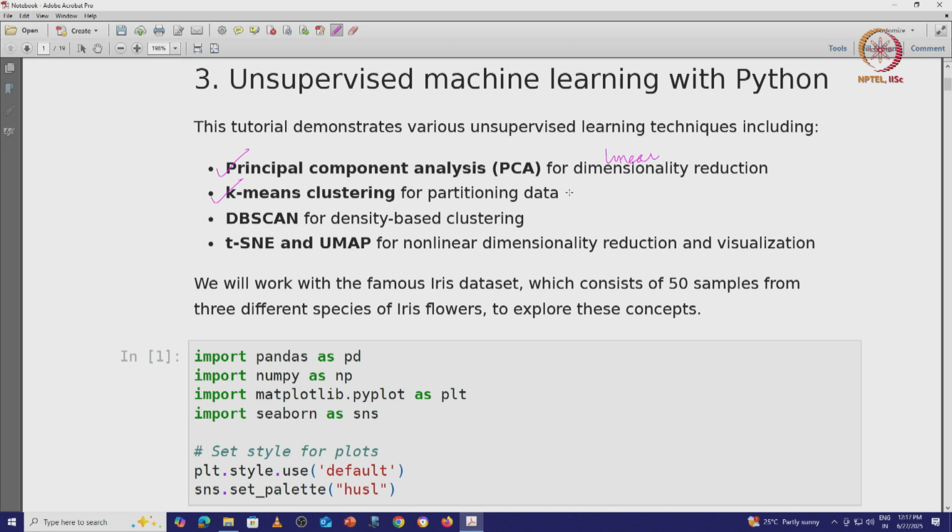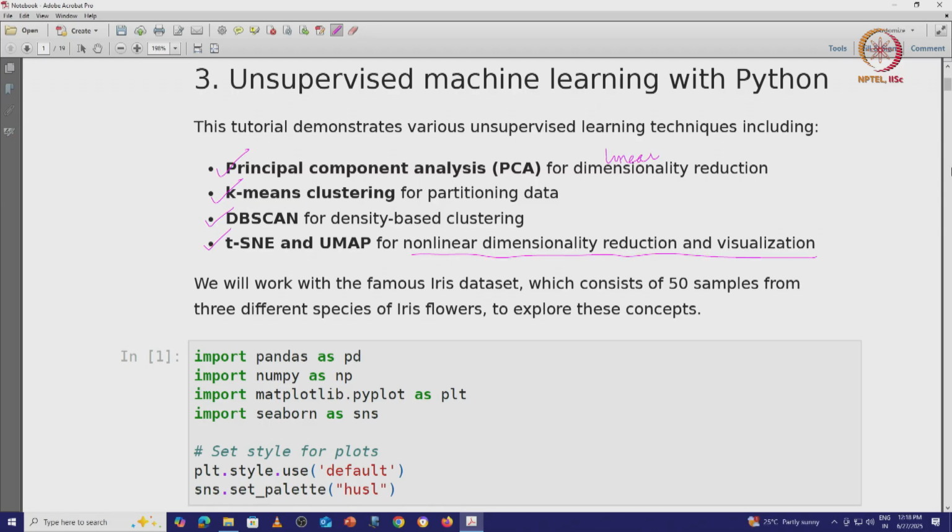That's for partitioning data into clusters, and we will proceed to more complicated clustering algorithms like density based clustering through the DBSCAN algorithm, and finally we will have a look at t-SNE, t-distributed stochastic neighbor embedding, and the uniform manifold approximation and projection, UMAP, for non-linear dimensionality reduction and visualization.